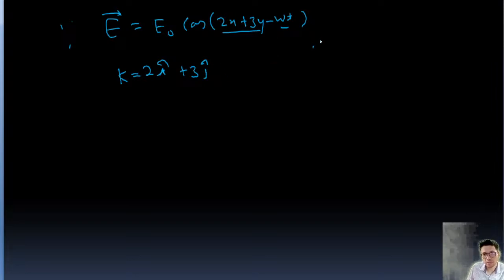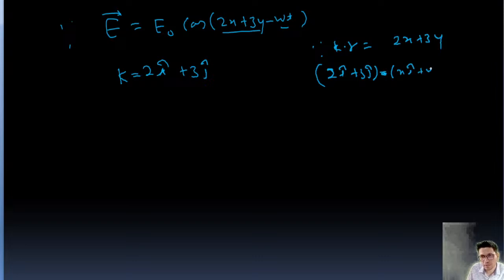How? Because we know k dot r equals 2x plus 3y. So k dot r means 2 I cap plus 3 J cap dotted with r, whose value is x I cap plus y J cap.